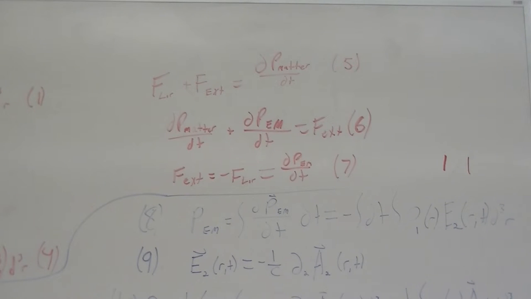All of these equations follow Newton's three laws of motion. The external force will increase the electromagnetic momentum while keeping matter at rest. This contradicts the center of energy theorem, which I will explain later when I get to it.